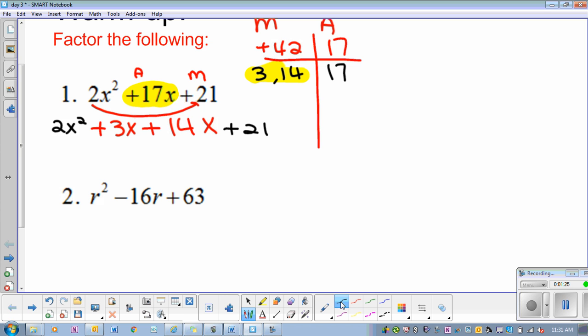Split it. Divide it in half. You need to find the GCF. Yep, find the GCF for both sides. Run out of room here. 14x plus 21. 7. 7.